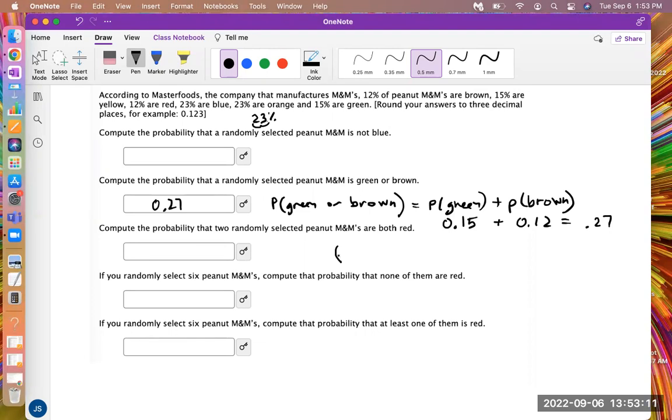I think they would tell you if it was not being replaced, because that would be harder to calculate. But what we're really looking for here is the probability of red and a second one being pulled out, red.